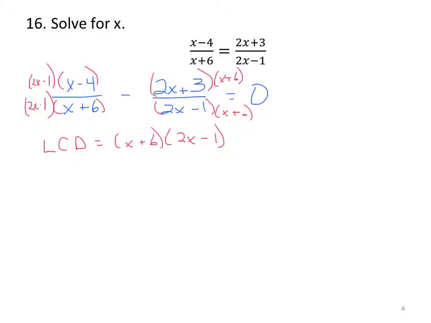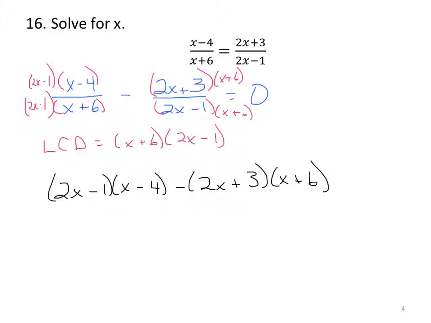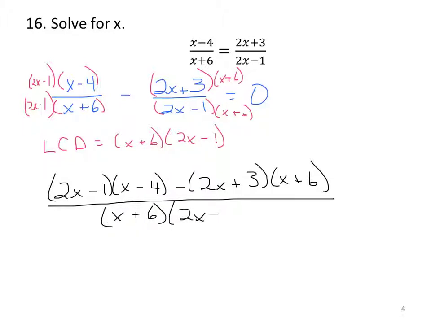So let's go ahead and rewrite that. We have 2x minus 1 times x minus 4 minus 2x plus 3 times x plus 6 over one denominator, our least common denominator.